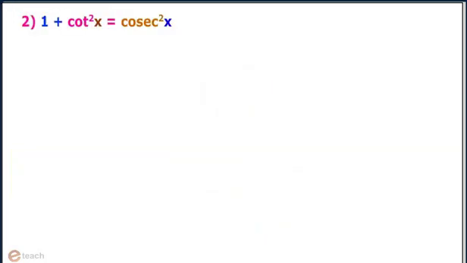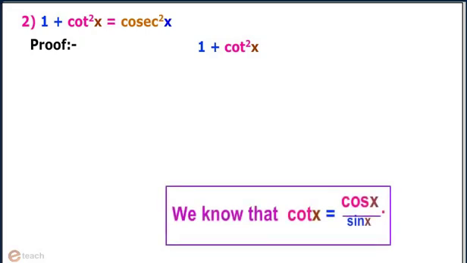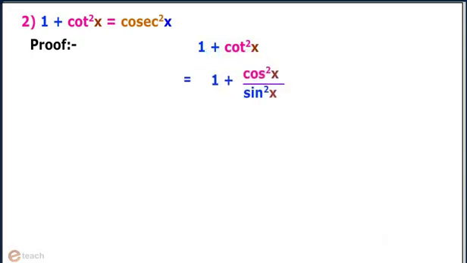The second identity is 1 plus cot square x equals cosec square x. Let us observe the proof. The left hand side is 1 plus cot square x. We know that cot x equals cos x by sin x. So the left hand side could be simplified to 1 plus cos square x by sin square x, which could be written as (sin square x plus cos square x) by sin square x.